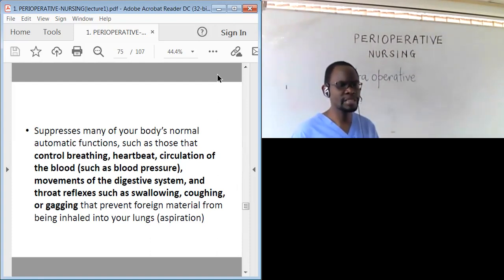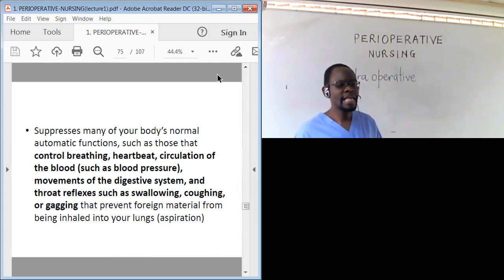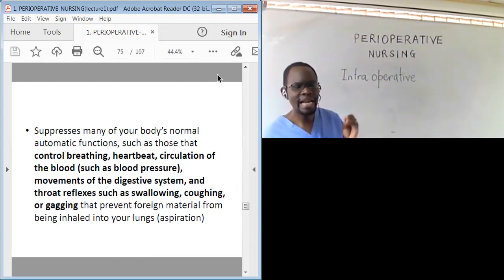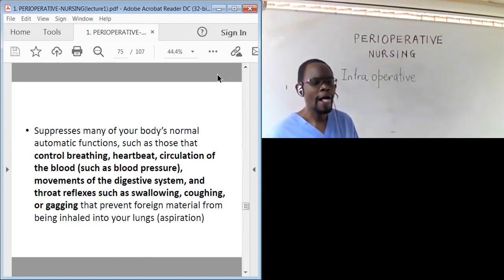Anesthesia really suppresses the sympathetic nervous system, so things like heartbeat and circulation of blood. That is why there is need for strict and aggressive monitoring of these patients while they are under general anesthesia.